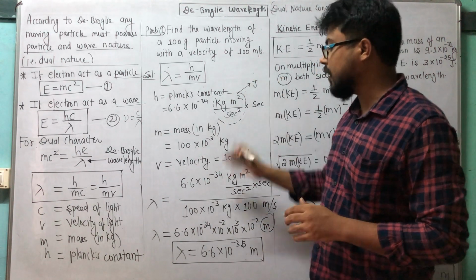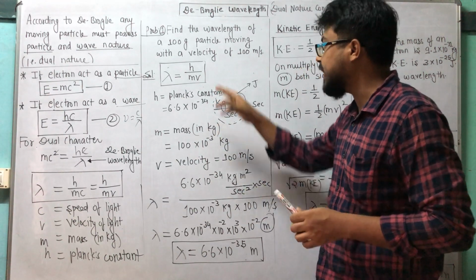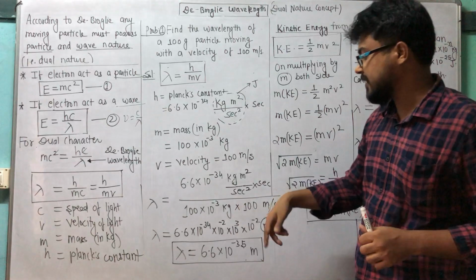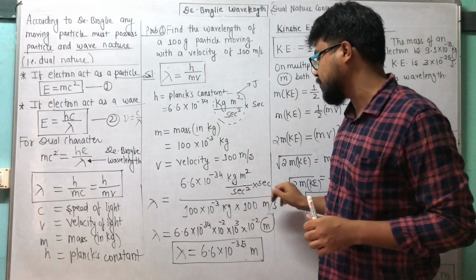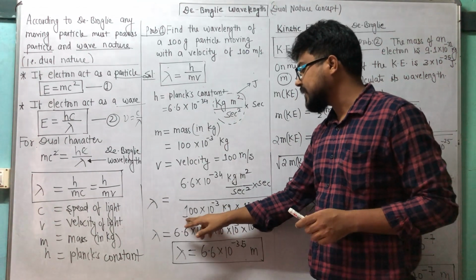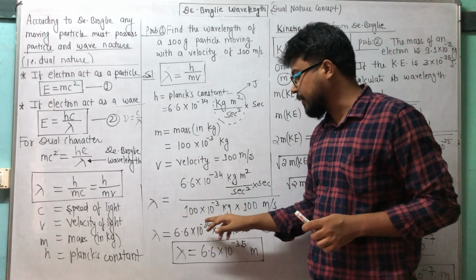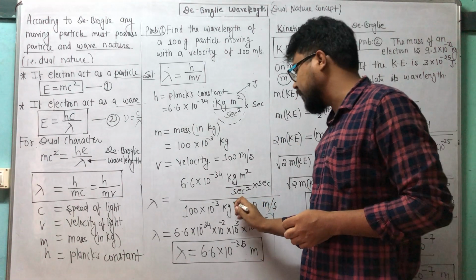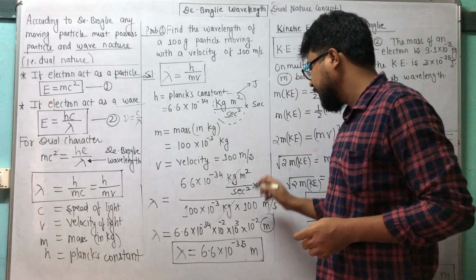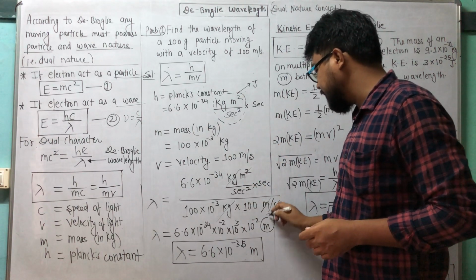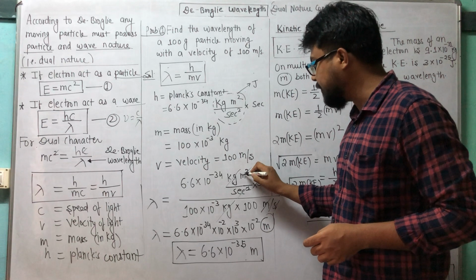When I put all these values in the equation, h equal to 6.6 into 10 to the power minus 34 kilogram meter square upon second square into second. Here mass is 100 into 10 to the power minus 3 kilogram, and next is 100 meter per second. You can cancel kilogram to kilogram, meter square to meter, and all the seconds will be cancelled. So I have only meter, correct?